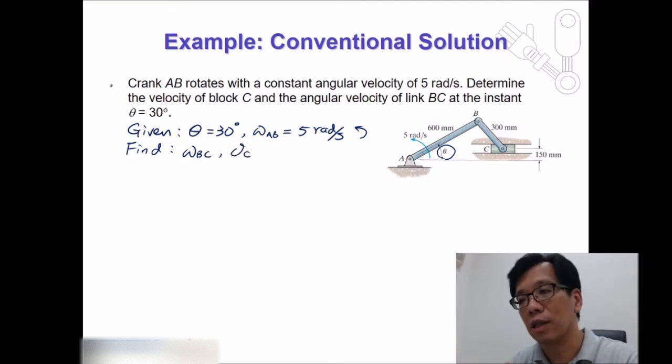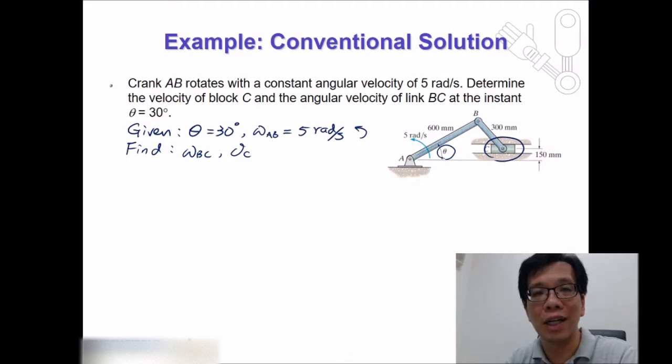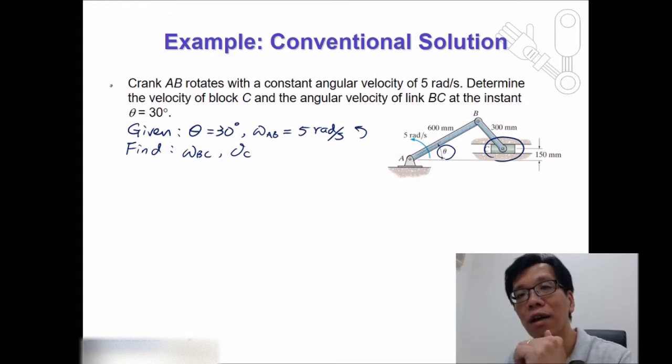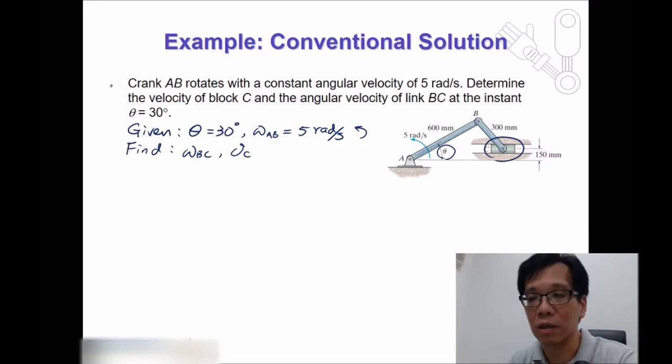Just like I said, this block has a restricted moving direction. So after the calculation, you can only have velocity along the x-axis. If you come up with an answer that has velocity along the y-axis, then it is going to be wrong.